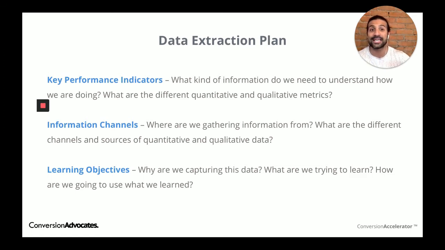So what is the information that you need in order to understand how you are doing? And really knowing the metrics that are important to you will make it so much easier for you to pull data that's relevant, and not get distracted by all of the vanity metrics or superficial metrics that don't actually matter to your objective or what you're trying to learn.